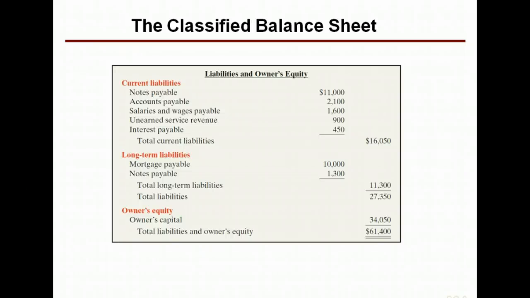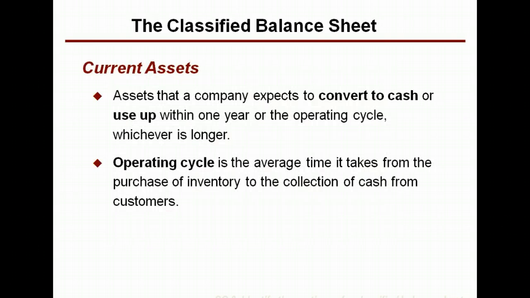Then we have mortgage payable and notes payable. And owner's capital, again, coming in at $61,400. So short-term liabilities are what's separated from long-term liabilities.